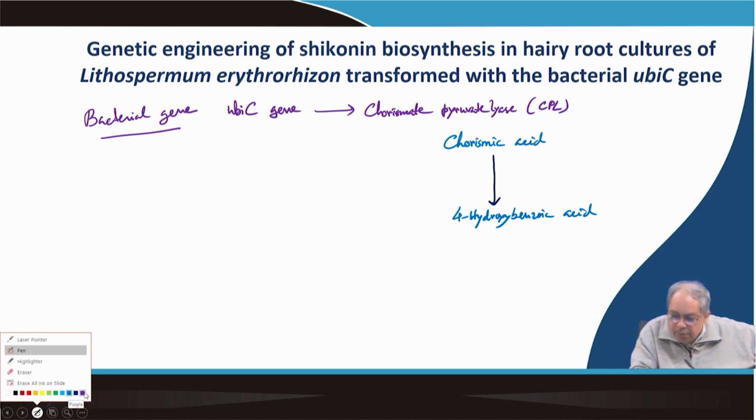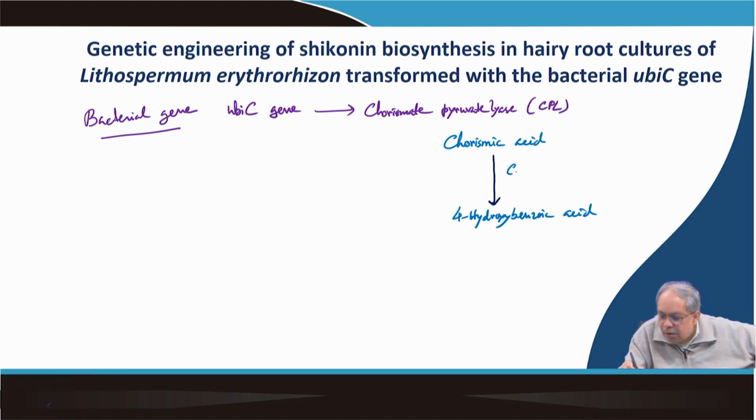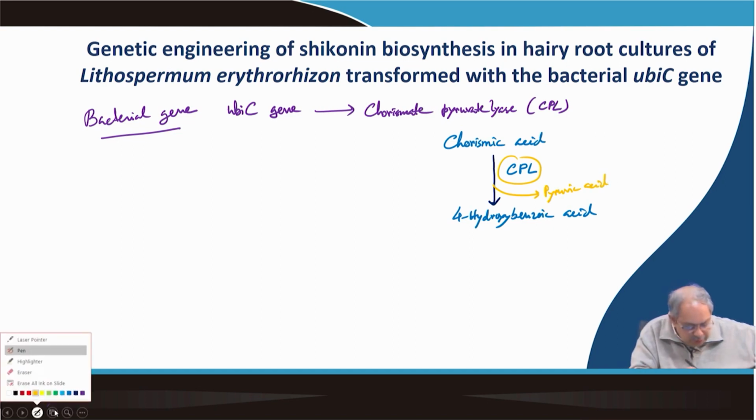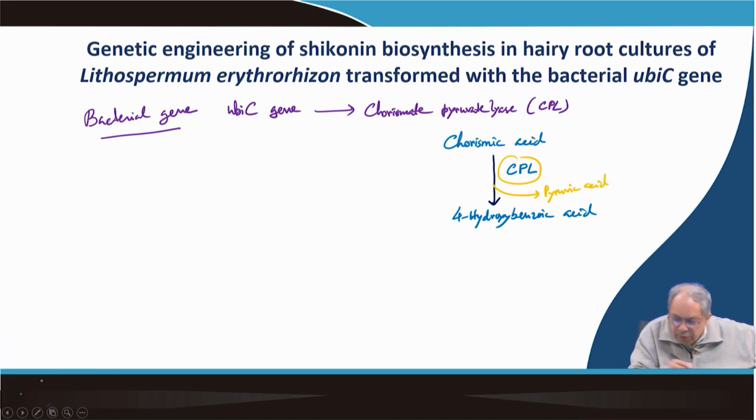So, the enzyme is the CPL, or chorismate pyruvate lyase, and in this process pyruvic acid is released, and this CPL is encoded by the gene which is called the UBIC gene. So, the UBIC gene encodes chorismate pyruvate lyase.